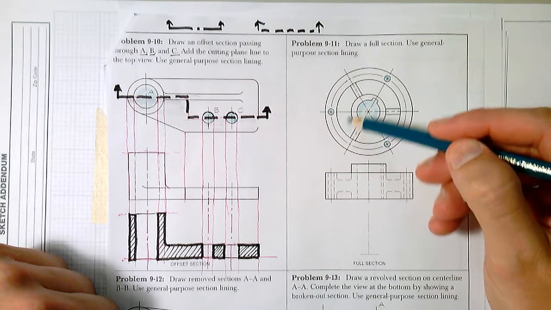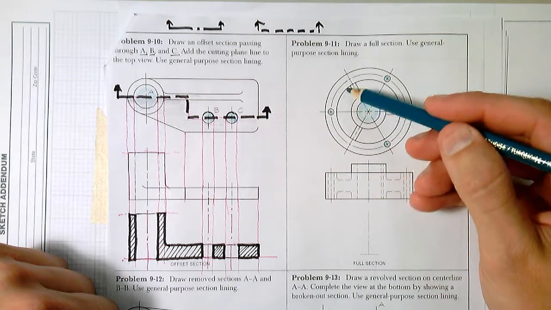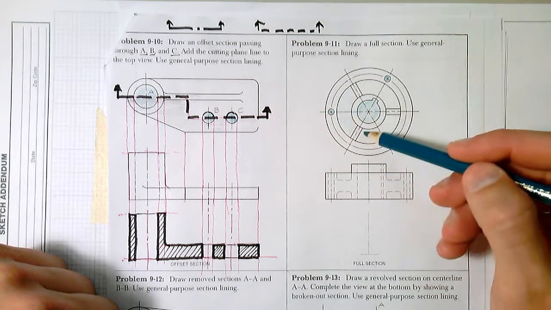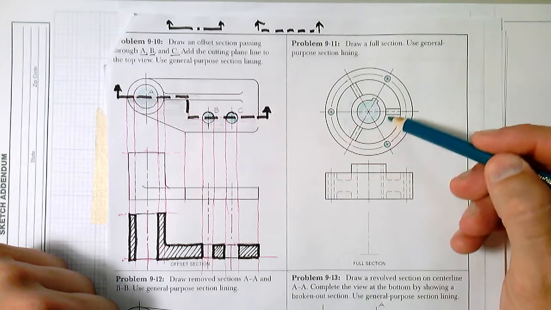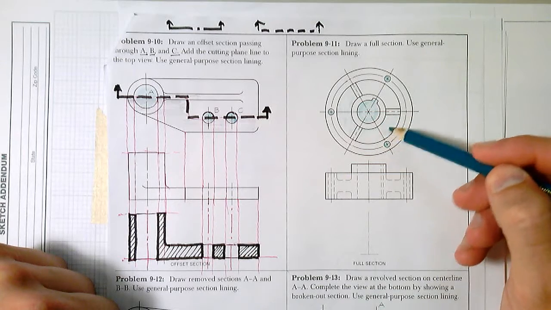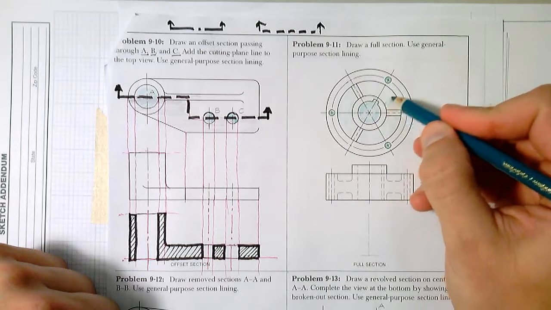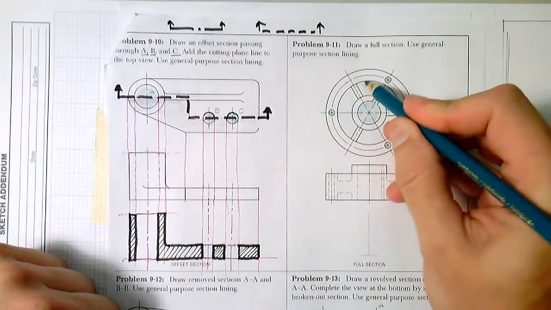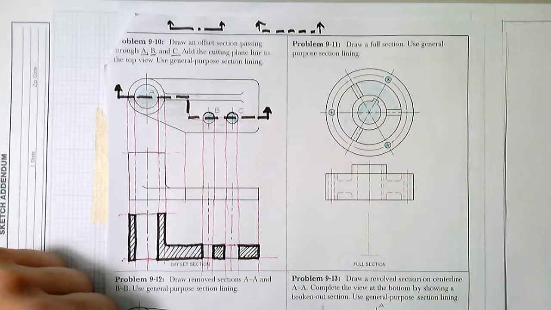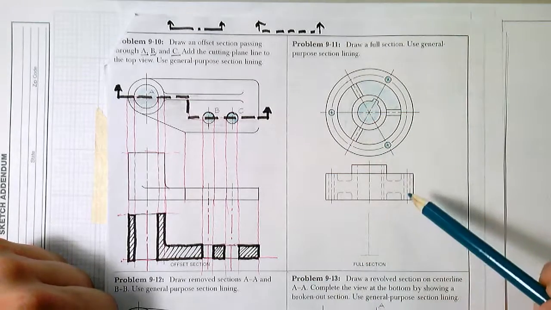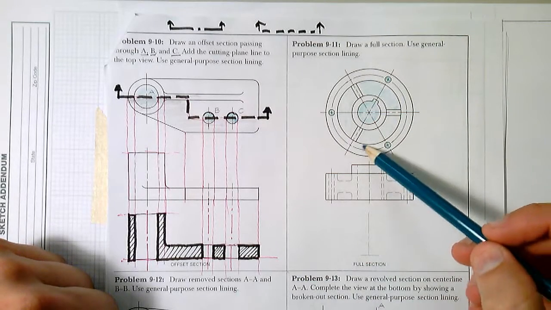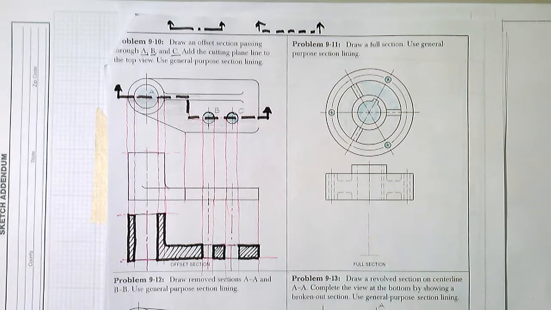So this area actually has no material. Right, this area actually has no material, and this area here has no material. So now we start to get a sense of what is solid and what is void.